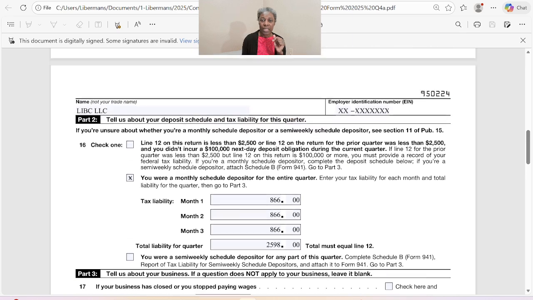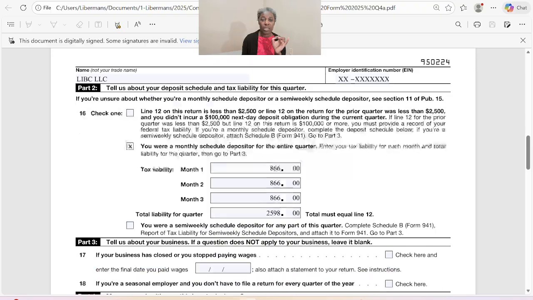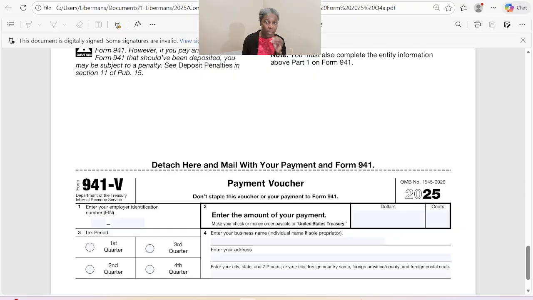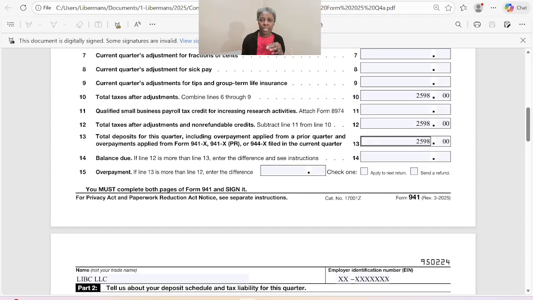So in this instance, we assume you are making deposits, so there is no need to file a voucher. If you are a monthly depositor making deposits, and your line 13 is less than your line 12, you owe a tax on line 14.